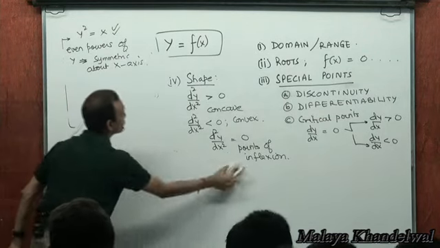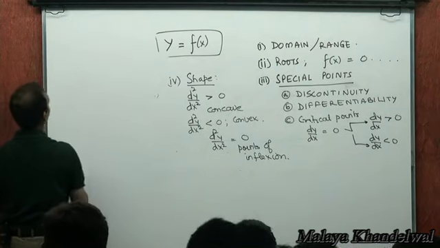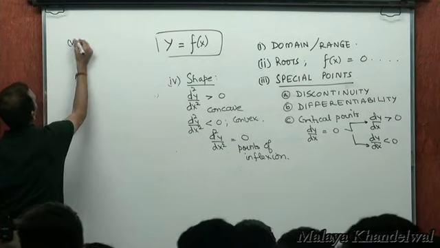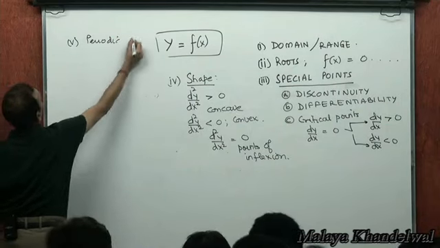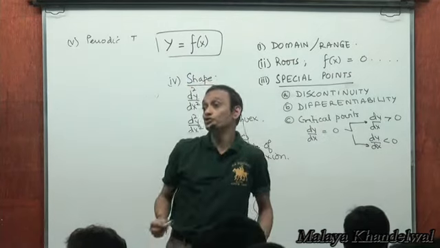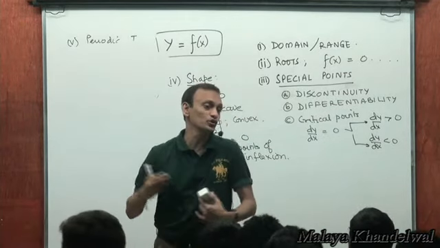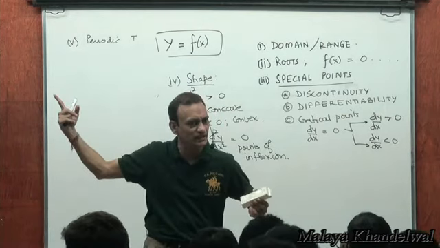Now, in certain cases, the function could be periodic with periodicity T, fundamental period T. Then all that you need to do is trace the curve only from x equal to 0 to x equal to T, and then copy and paste that curve, isn't it?